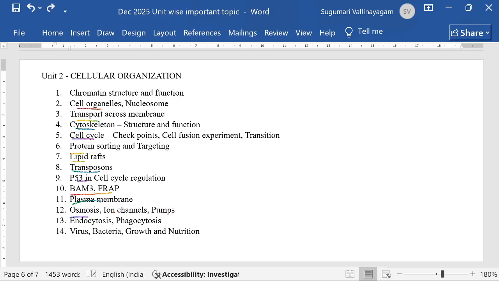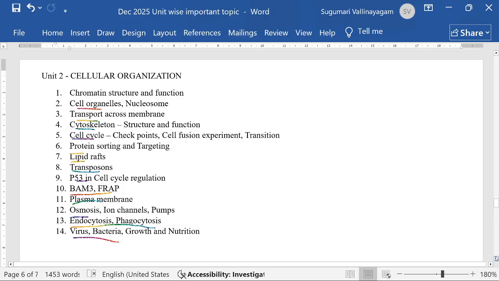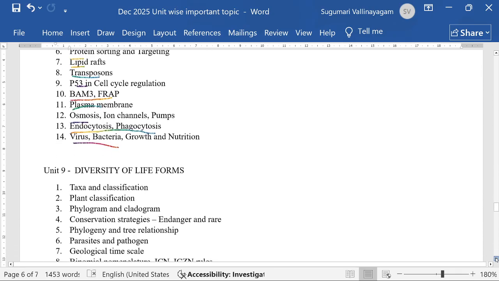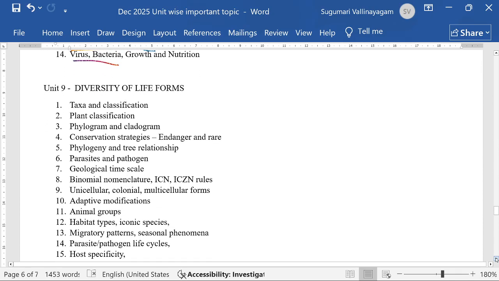And next: endocytosis, phagocytosis and their difference, viral and bacterial growth, how they grow in nutrition, and what nutrients are required. Then diversity, which is a big one. In this, first focus on a few topics: plant taxa and classification, phylogram, cladogram, as they will ask image-based questions.